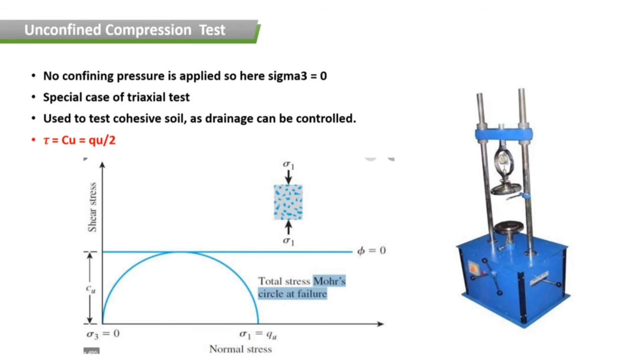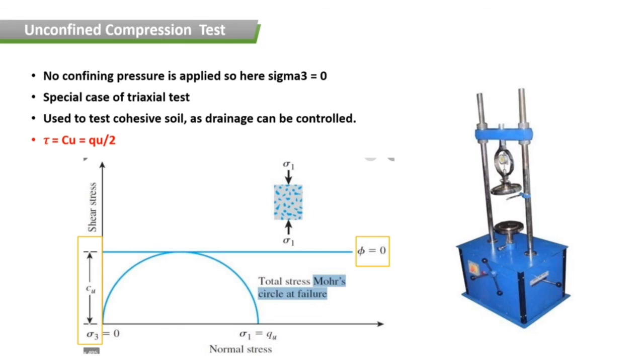If there is no sigma 3, then the graph would not be like the triaxial test. There would be a C value because this is for cohesive soil such as clay, and for cohesive soil this C matters, but there is no phi because for cohesive soil phi is not significant.